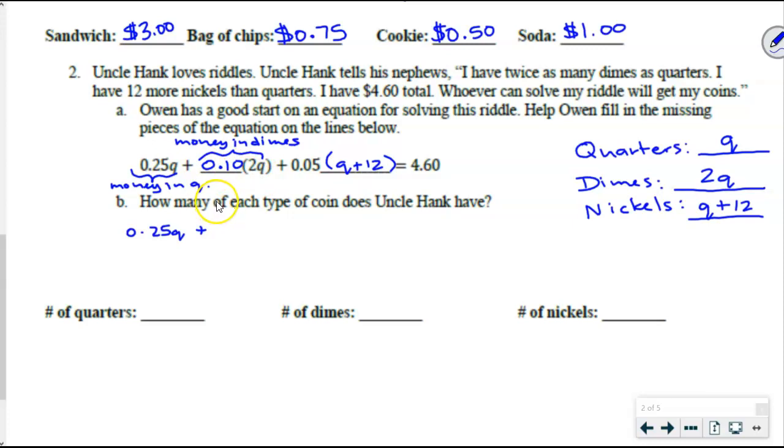Still not enough hands. Either your hand is up because you know, or your hand is busy typing it into your calculator. Thank you, Hayden. Yes. 0.2 or 0.20 if you want to be consistent and show to the hundredths place. 0.2Q. Just don't forget about that Q at the end. And now 0.05 groups of Q plus 12. So 0.05Q.